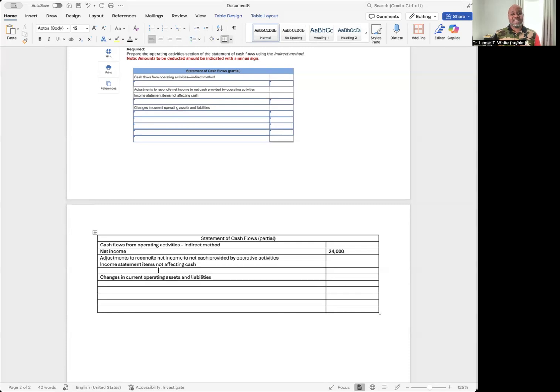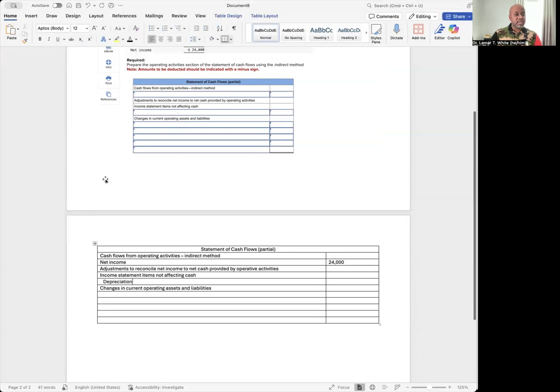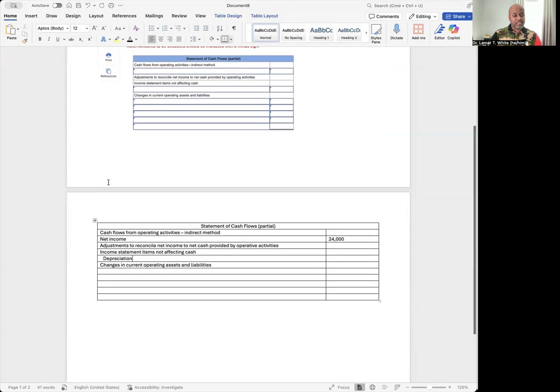However, it was subtracted out of our net income. So now in preparing the operating activity section of our statement of cash flows, we need to add it back. So we're going to put depreciation here. And if we look at the question, depreciation was given as $12,000. So we need to add that back.